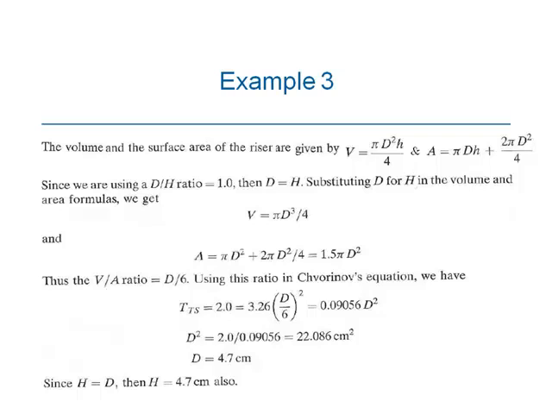Instead of V over A, we can substitute this value, and the only unknown value is this parameter. Because we know TTS should be equal to 2, and the only unknown value is this. Easily we can compute the value of D, which is also equal to H. Okay? It's as simple as that.